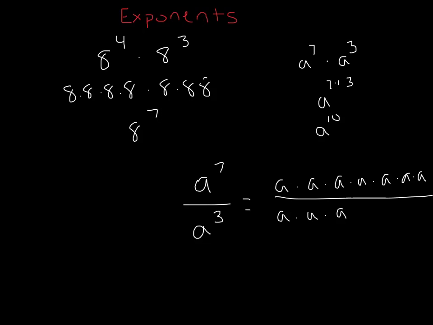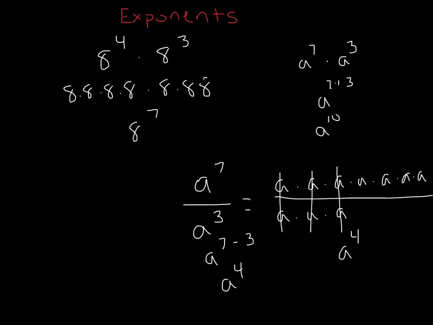If you were working this like a regular fraction, you just cancel those out. So 1, 2, 3 of them cancel out, and you're left with 4 a's, or a to the 4th power. Well, the shortcut, instead of doing all that, you just subtract: a to the 7 minus 3, which is just a to the 4th power.